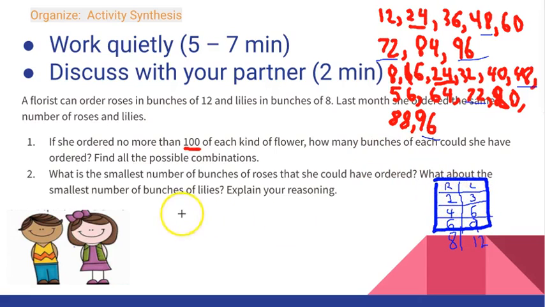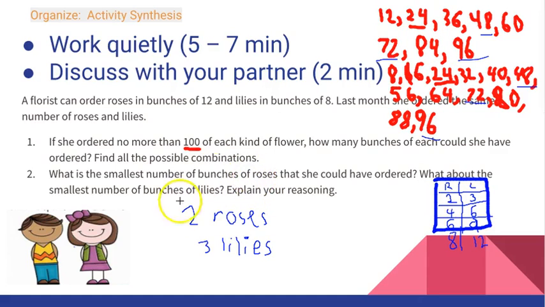The smallest that she could have bought were 2 bunches of roses and 3 bunches of lilies. Now, obviously, they could have gone down to just 1 bunch or some sort of part, but when we're talking about whole numbers, that is what we're really looking at here and how those whole numbers relate. Since that is our least, that means we get 48 total flowers. That's 24 of each one, right?